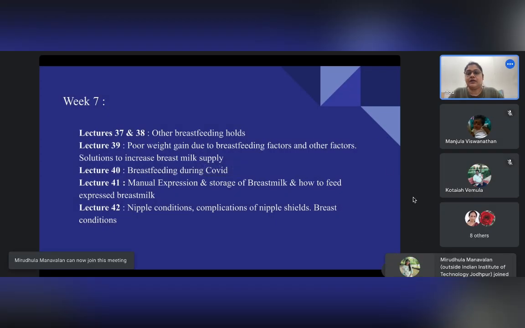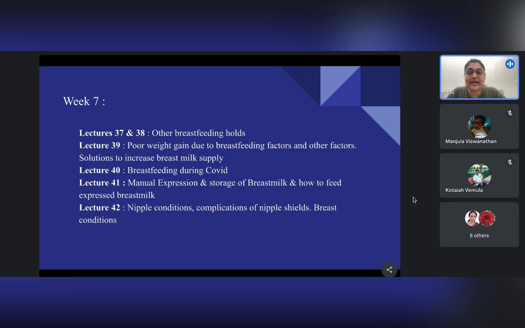Before going to week 7, we have already gone through the week 6 matter where we learned about the cross cradle hold, the cross cradle technique for breastfeeding. We have come across the various advantages of that technique and why a cross cradle hold is more advantageous than a cradle hold.